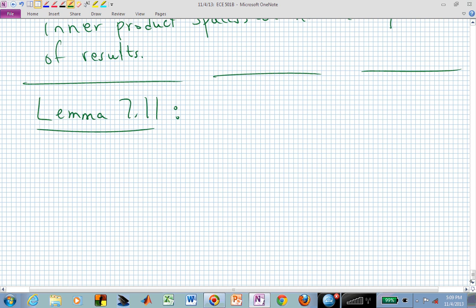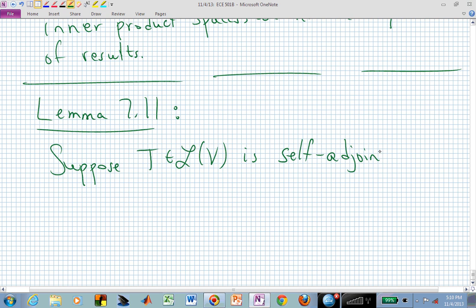Suppose we have a linear operator T on a vector space V. And suppose that that operator is self-adjoint.